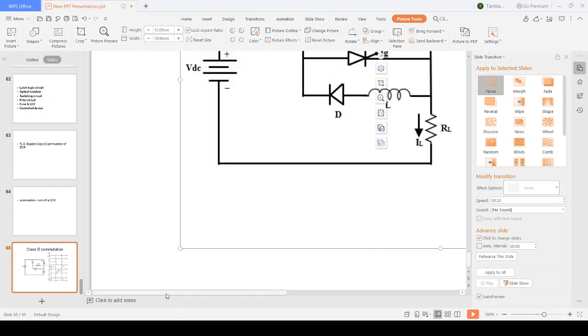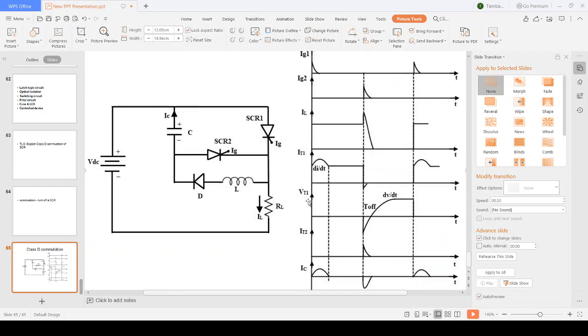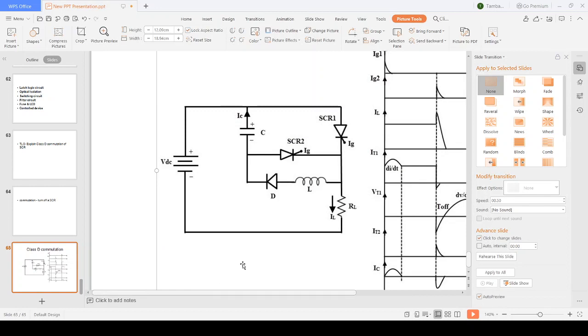Now the operation of this class D commutation circuit is divided into different modes. The main thyristor SCR1 is triggered at instant t equal to 0, that is, at the start of the experiment.